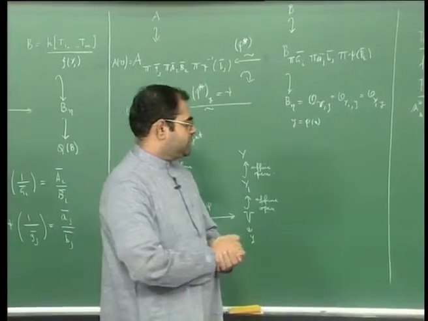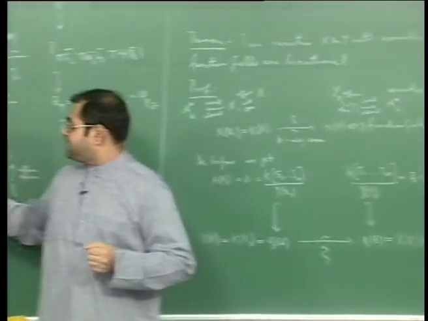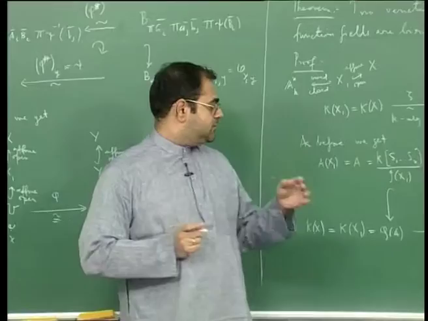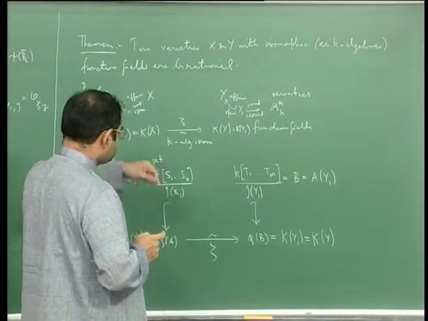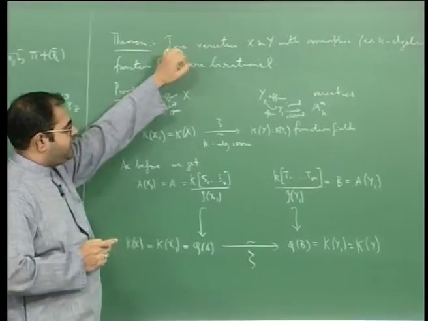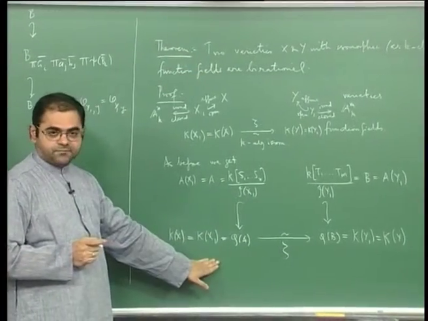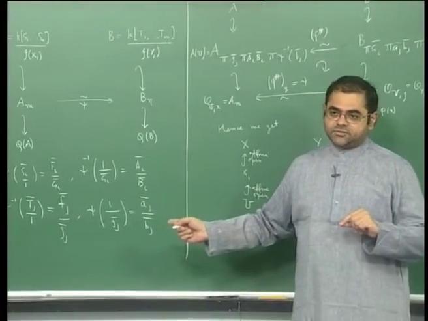Now I have to play nearly the same game as I did here, and in fact the truth is that somehow, if I had proved this statement first, then that statement would have been easier to prove.